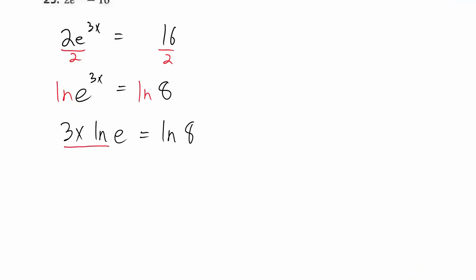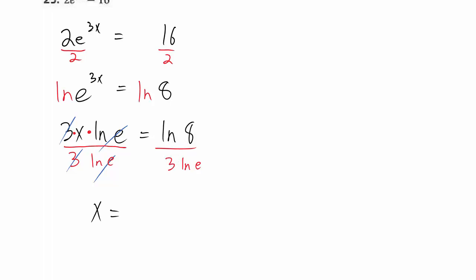I want to get x by itself, right? It's being multiplied by the natural log of e. It's being multiplied by 3. So I'm going to divide by 3, and I'm going to divide by natural log of e. So those cancel out. If I do it to the left, I have to do it to the right. So divide by 3 natural log of e, which is the same thing as just dividing by 3 since this is equal to 1. So x is equal to whatever my calculator tells me this is.